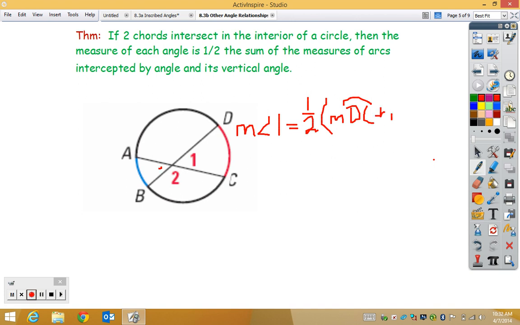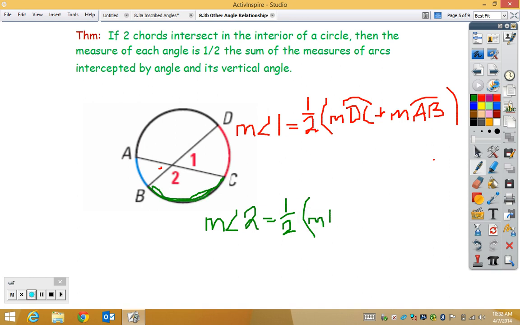So the measure of arc AB. Measure of angle 2 equals 1/2 the sum of arc BC, we have that here, plus the measure of arc AD.